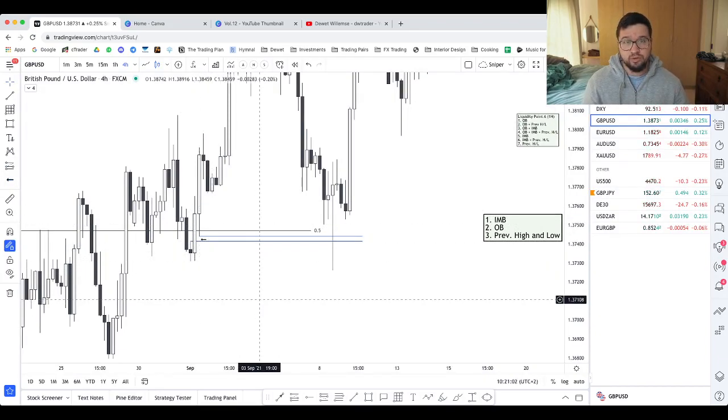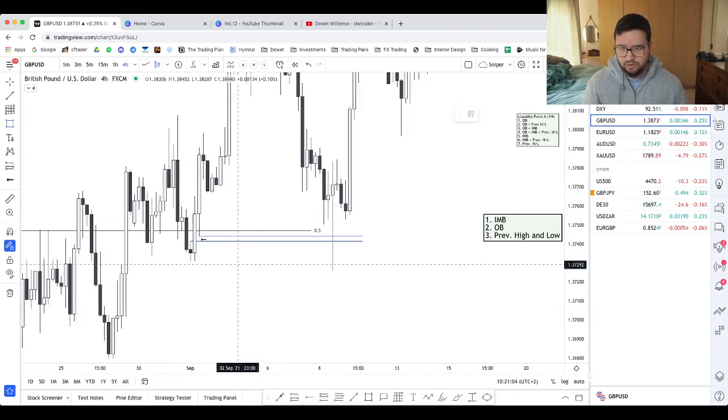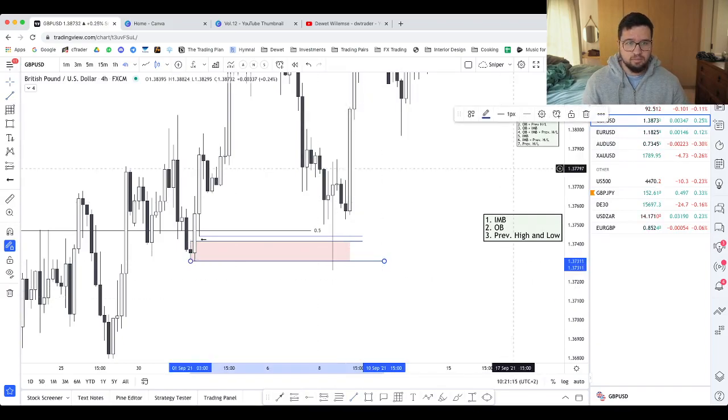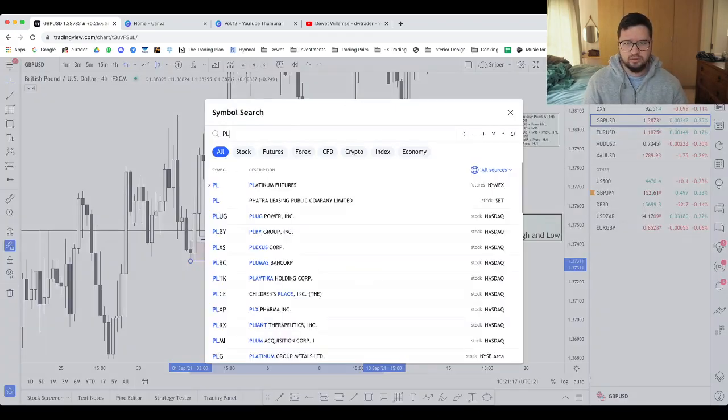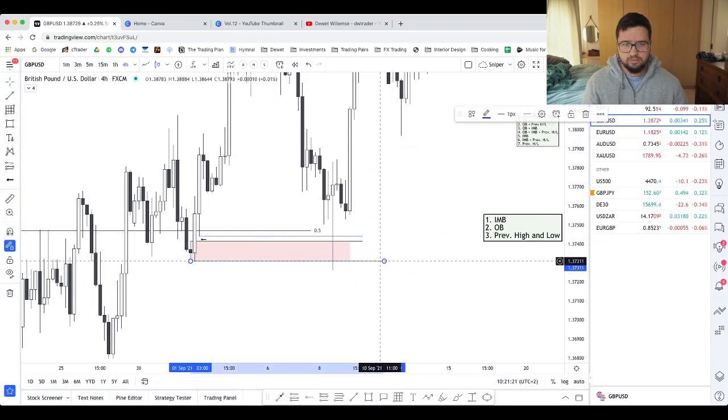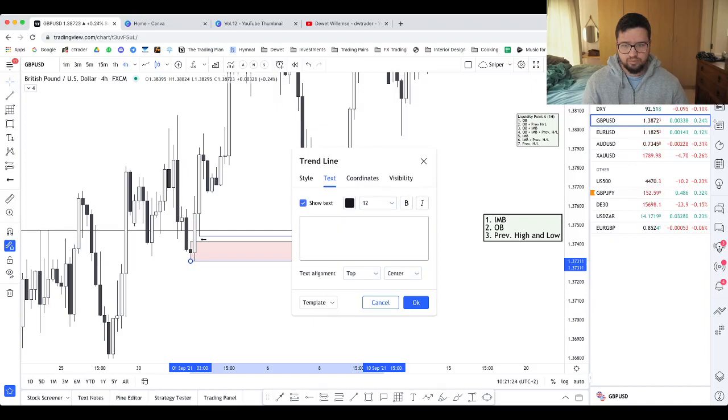And then we're looking for an order block as well, and then we have an order block, and then obviously the previous low, which is in that area as well. So we can just mark that as previous low, on the right hand side.